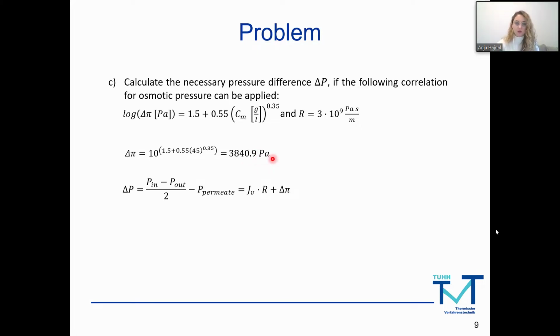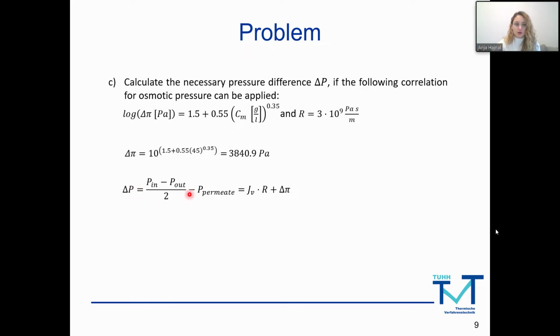Now, as I also mentioned, delta P is the driving force for the flow from the feed to the permeate side, and it is equal. So we can calculate this pressure difference.